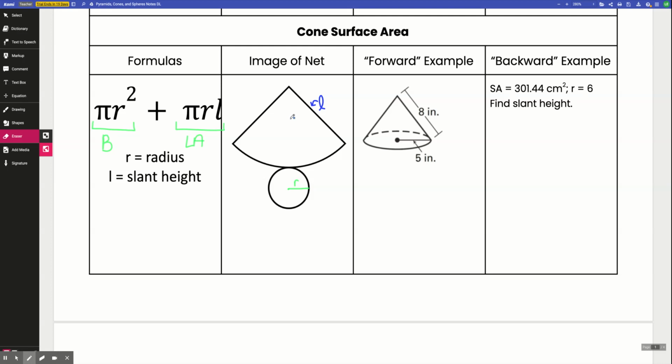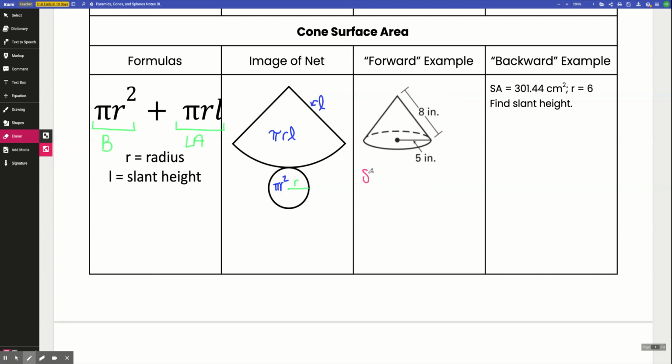But for now, just trust me that if you want to find the area of this curved part, it's pi times the radius times the slant height, and then obviously the area of the circle at the bottom is pi r squared. Okay, so let's do a forwards example. This is a very nice forwards example because I gave you the radius and the slant height.